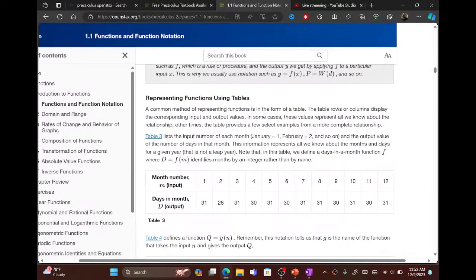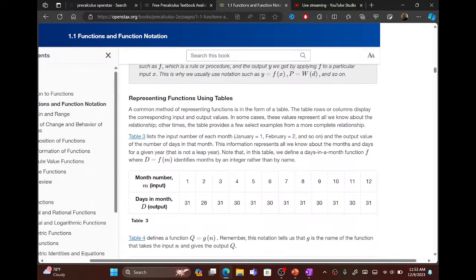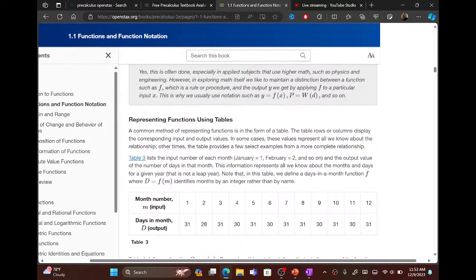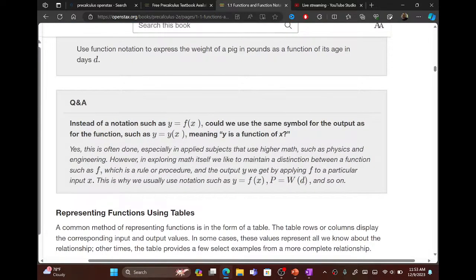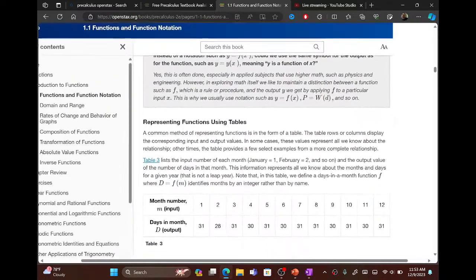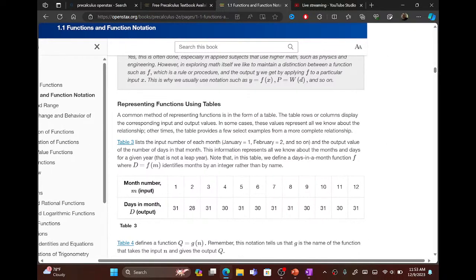Of course there's using tables, which is kind of the same thing, representing functions using tables. Sometimes they'll use a specific symbol or letter, like y of x. It really depends on the topic and applies more to application problems.